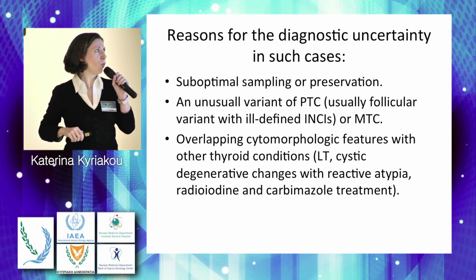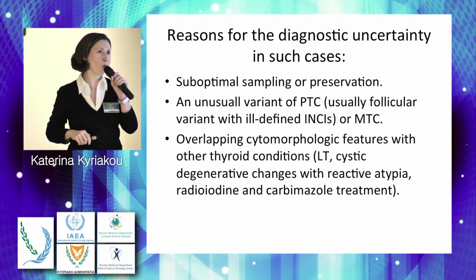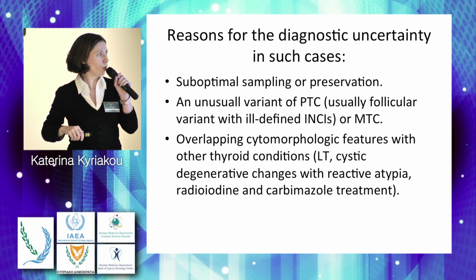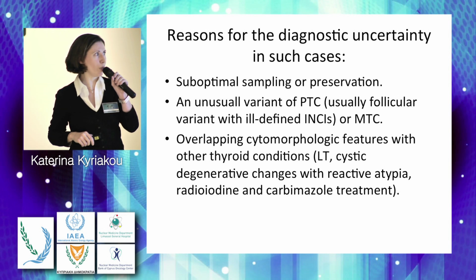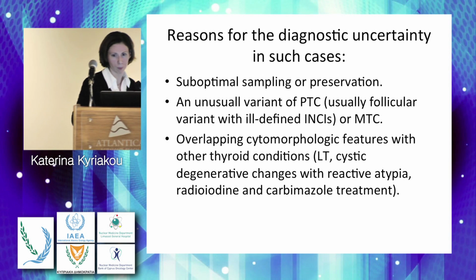Or when we have overlapping cytomorphologic features with other thyroid conditions, for example, in lymphocytic thyroiditis, in cystic degenerative changes with reactive atypia, when we have carbimazole or radioiodine treatment, and we have significant atypia that we expect in these cases.